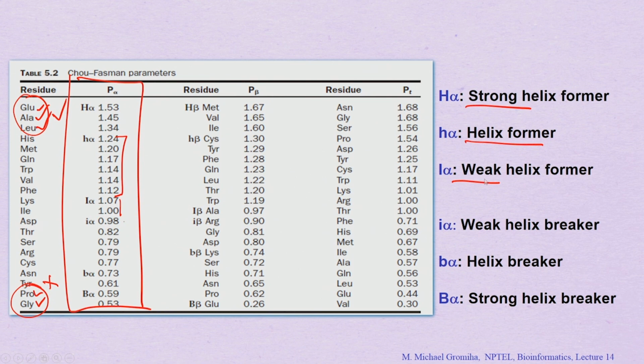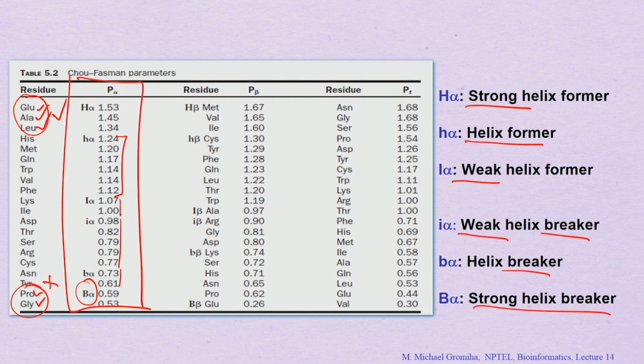Then coming down, just a little bit less than 1, they are weak helix breakers, because they do not prefer to be in the helix. Then there are the helix breakers, and capital B alpha, the strong helix breakers. So based on the propensity numbers, they are grouped into 6 groups: strong helix former, helix former, weak helix former, weak helix breaker, helix breaker and strong helix breaker.